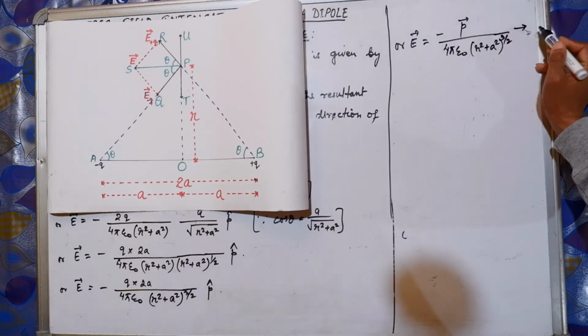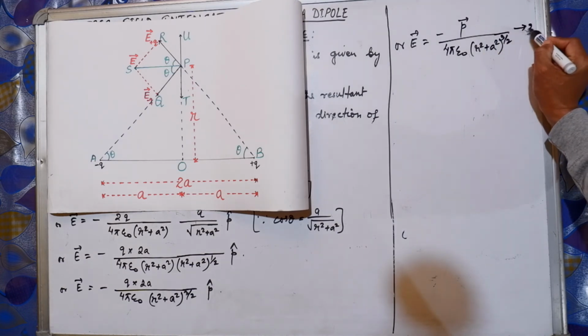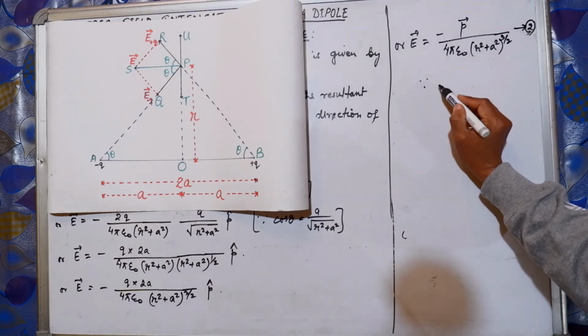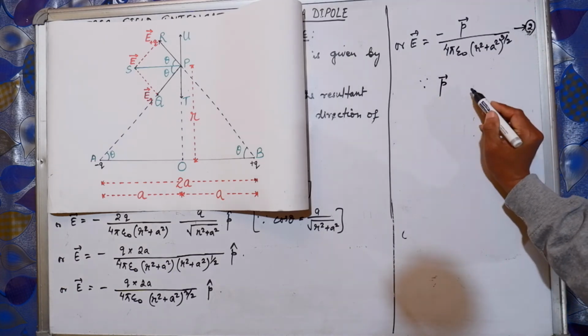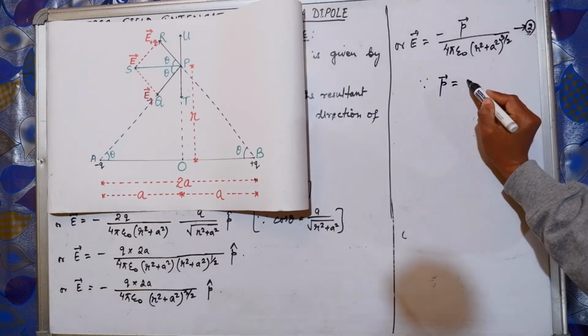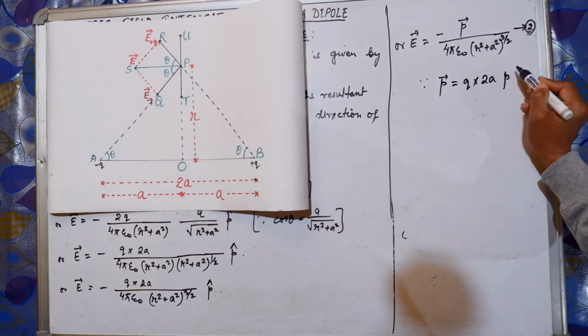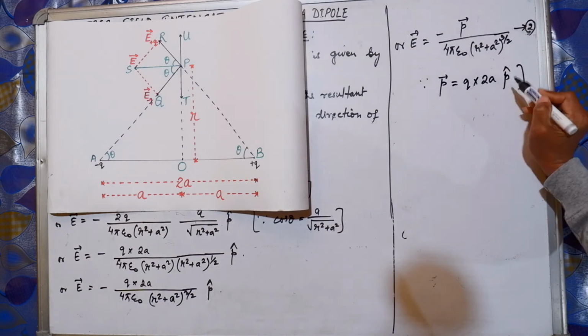Now name this as equation number 2. The reason here is that the electric dipole moment P is equal to Q into 2A with the unit vector P.